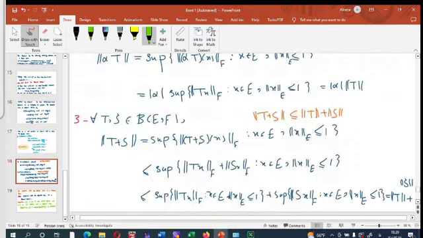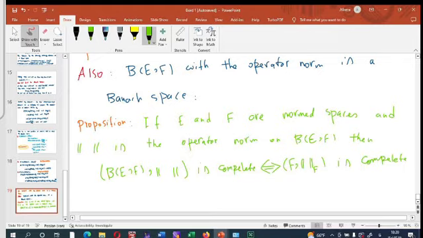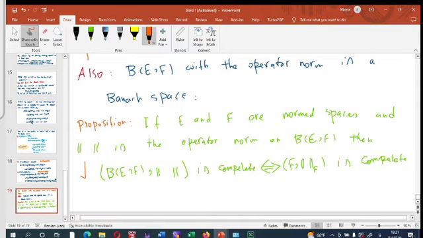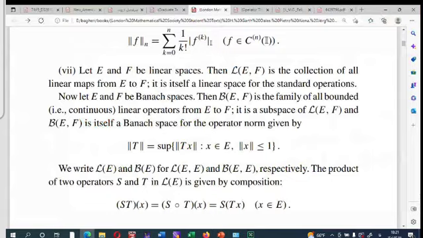But we have this proposition. Please prove this proposition again as exercise. Okay? Please prove this. This is very nice. This is complete if and only if F is complete. So we have a Banach space.